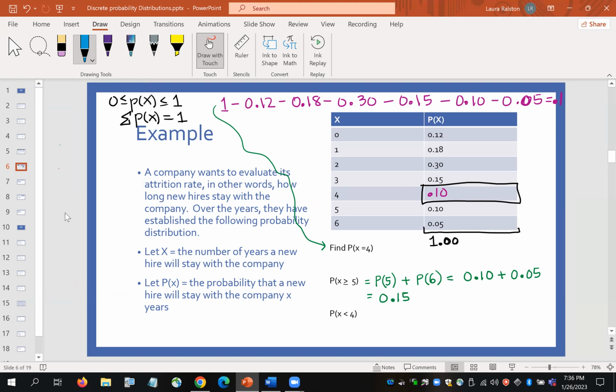What's the probability that a new hire stays less than 4? So less than 4 could be 0 or 1 or 2 or 3. I do not include the 4 because it says less than 4.